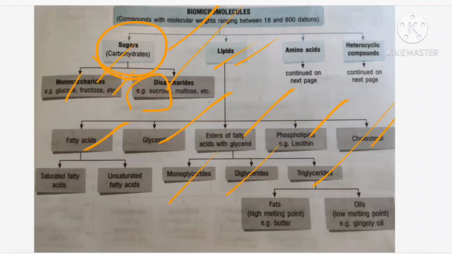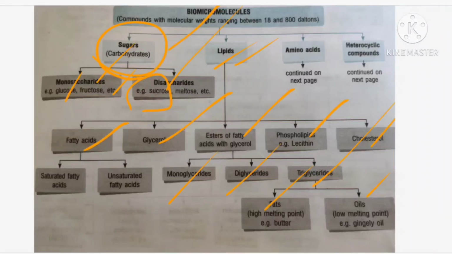Monoglyceride contains how many glyceride units? They contain only 1. Diglycerides contain how many? Like monosaccharide contains 1 sugar, like that here monoglycerides will contain 1 glyceride molecule. Diglycerides will contain 2, tri will contain 3. Now this triglycerides in turn is divided into 2 categories. What are they? Fats and oil.